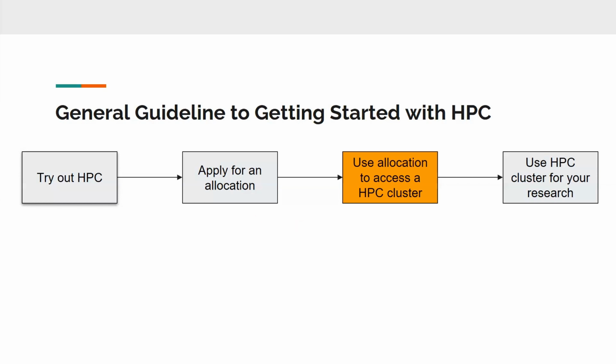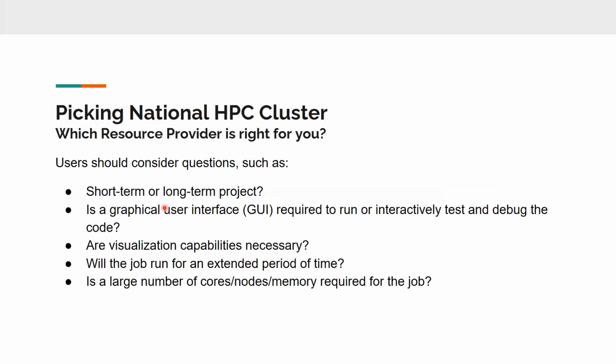So you have an allocation, and I've mentioned that SDSC Expanse is just one of the different HPC resources nationally. There was a chart with a lot of them. The next step is to take that allocation and use it to access one of these clusters. So here the question becomes, which resource provider is right for you?